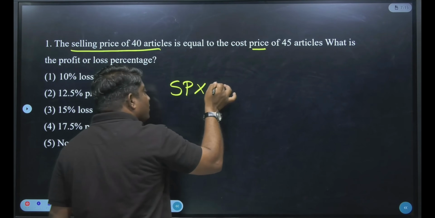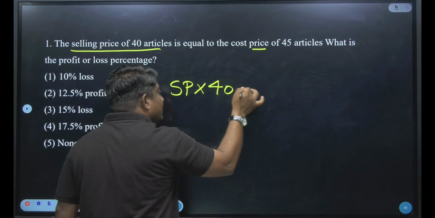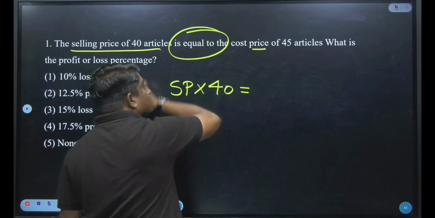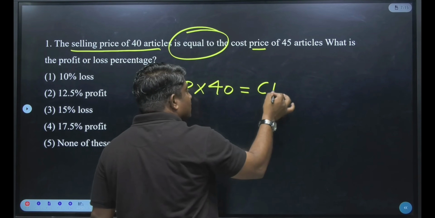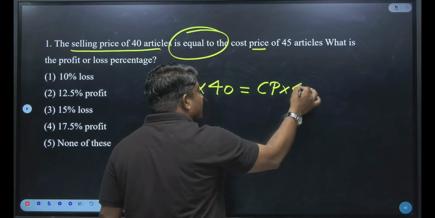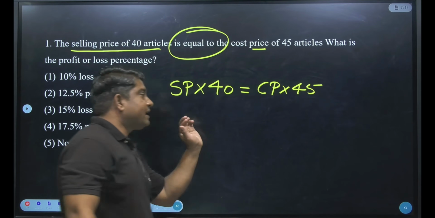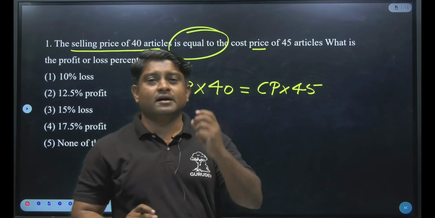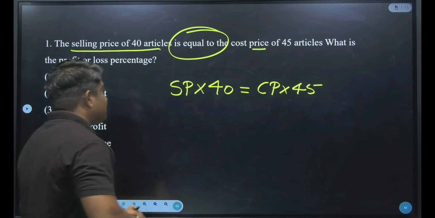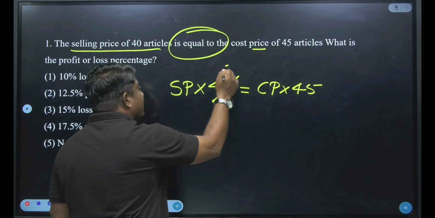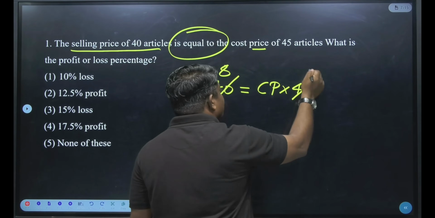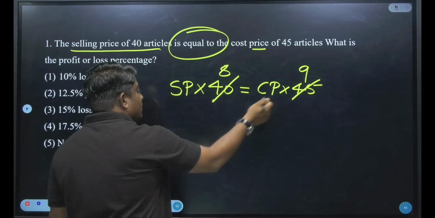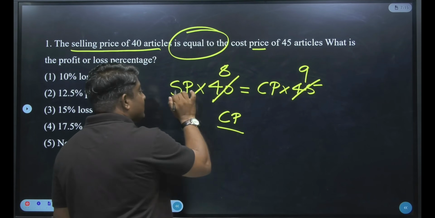Selling price of 40 articles is equal to the cost price of 45 articles. Here if we cancel LHS and RHS with a common number, you'll get the fraction, that is nothing but the ratio. Here 5 eights, 5 nines, that means cost price divided by selling price.